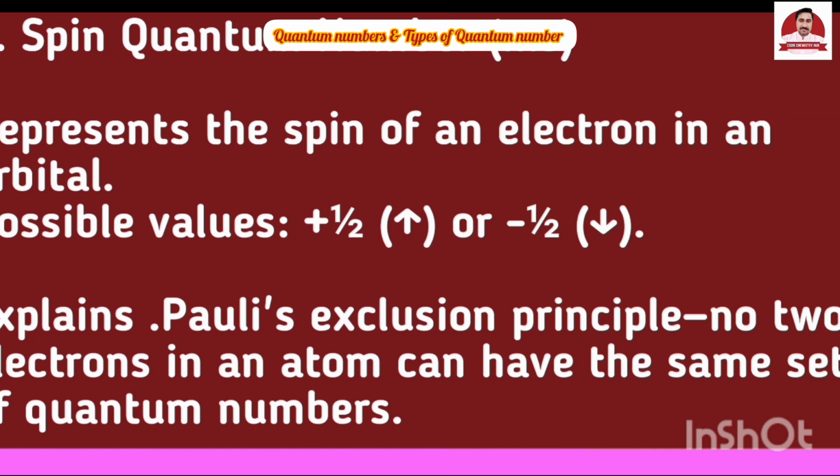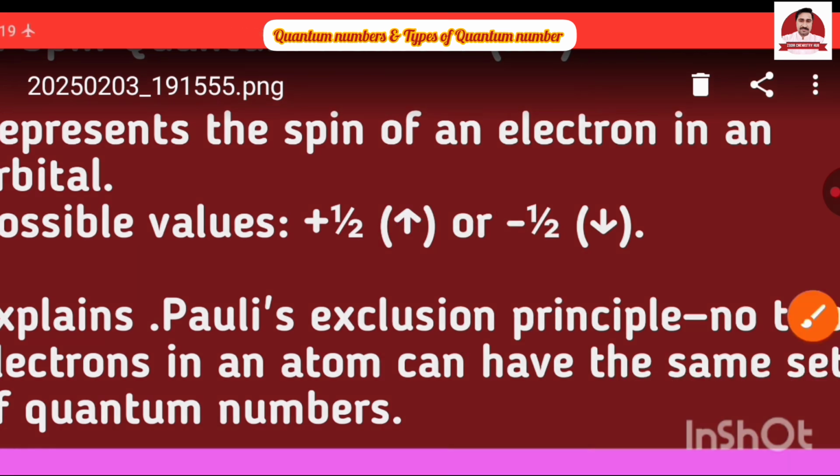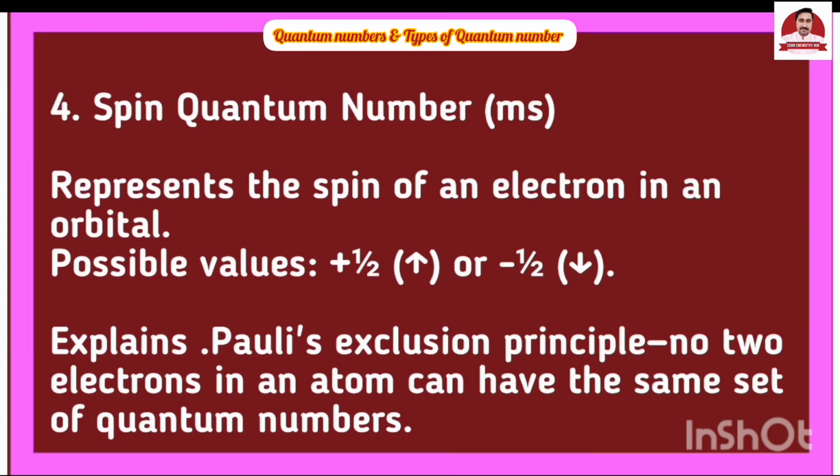That is, if an orbital contains two electrons, then these two electrons have opposite spin. That is, one is clockwise, then the other is anti-clockwise. This is called spin quantum number.